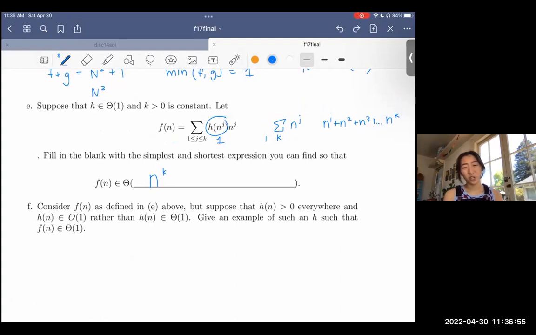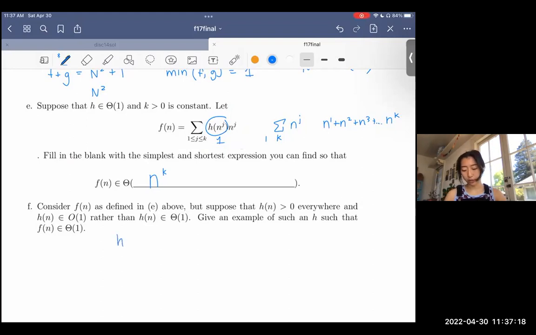And so in our original analysis, we said, oh, h, we're just going to replace it with 1 because that's the theta bound, right? Now we're saying it could be better than 1. And so if we want this whole thing to sort of cancel out, we should just make h be the inverse, right?